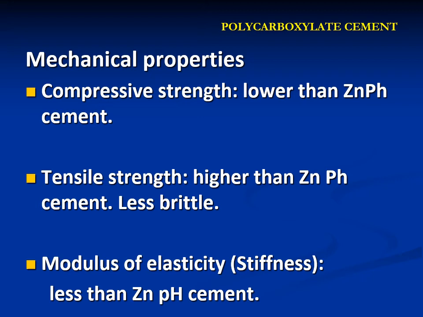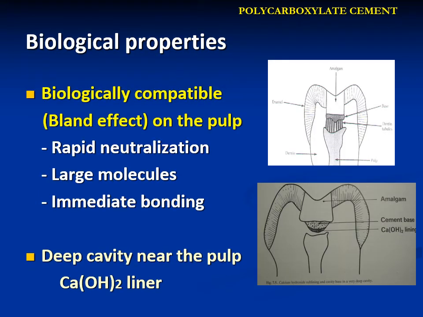The use of polyacrylic acid as a polymer acid for this type of cement makes it more resilient than that of the zinc phosphate. Let's go to the biological properties, which is the main property of this type of cement.